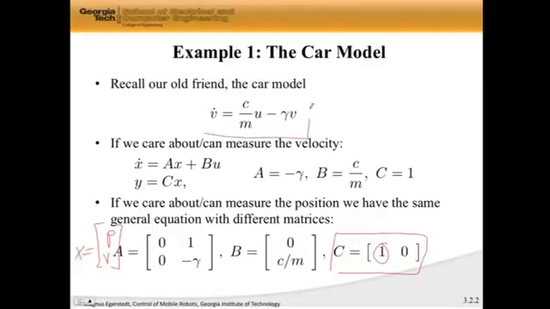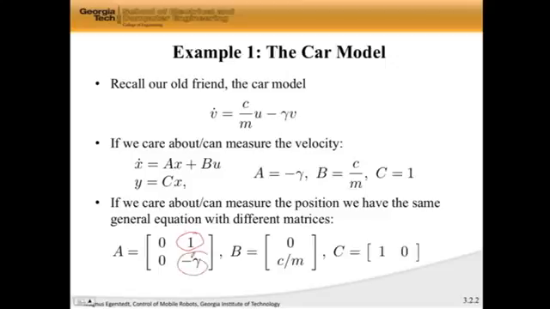Similarly, this equation still holds, so what we're controlling is the acceleration through the c over m, and what remains is my A matrix, where the 1 here simply says that the time derivative of position is velocity, and then this gamma is the same gamma as we got before. So the important point to note here is that the model we end up with, to a certain degree, depends on what we care about and what are the things that we can measure.